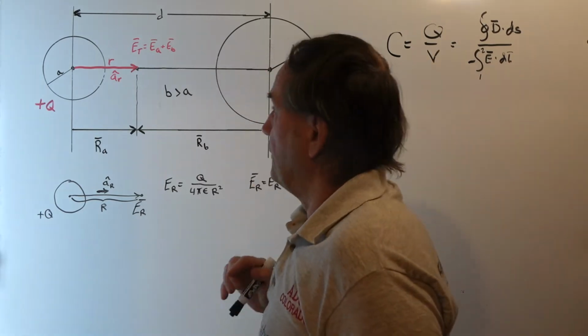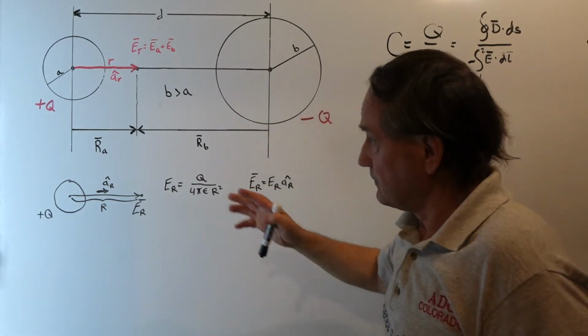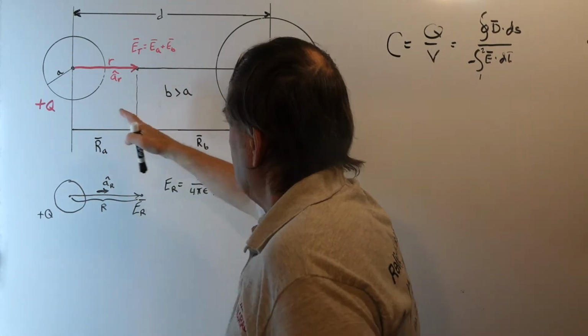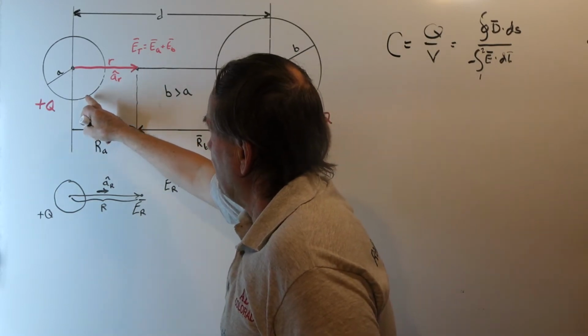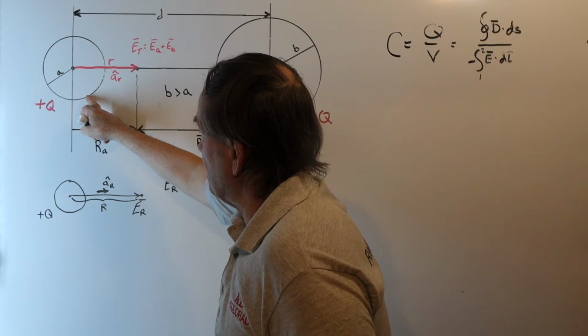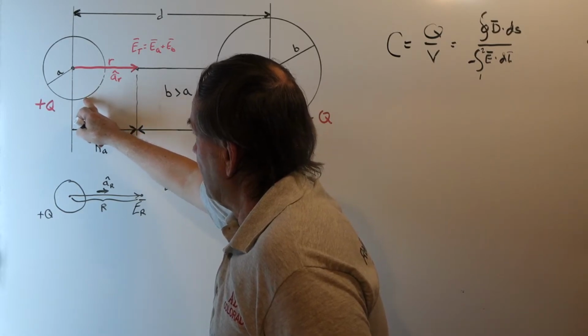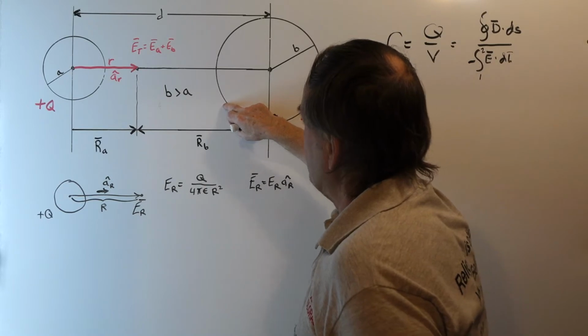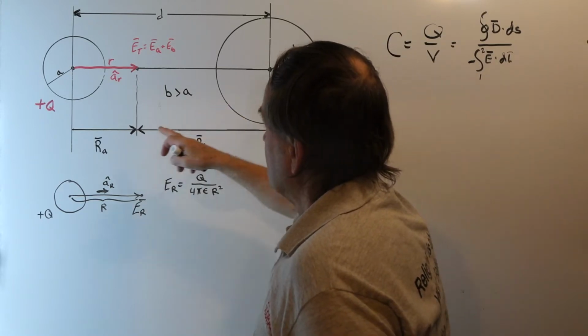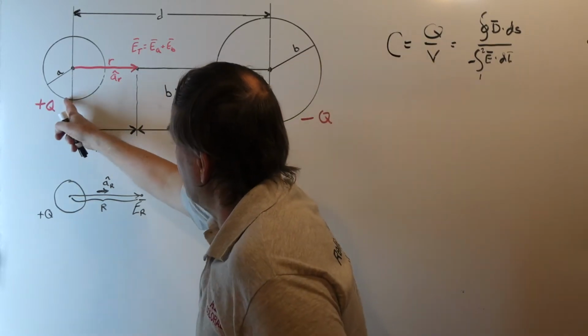Well, we don't know in general how the field looks, but we can sketch it out, because we know the field lines have to leave one surface orthogonally, or perpendicular to the surface, and come to the other surface perpendicular. So we can get an idea of the field lines.